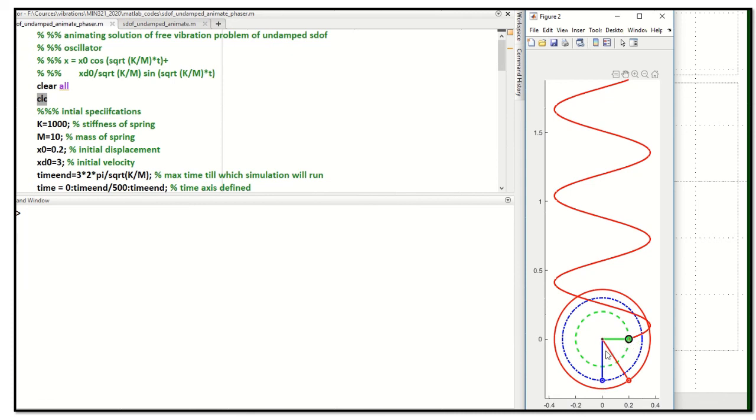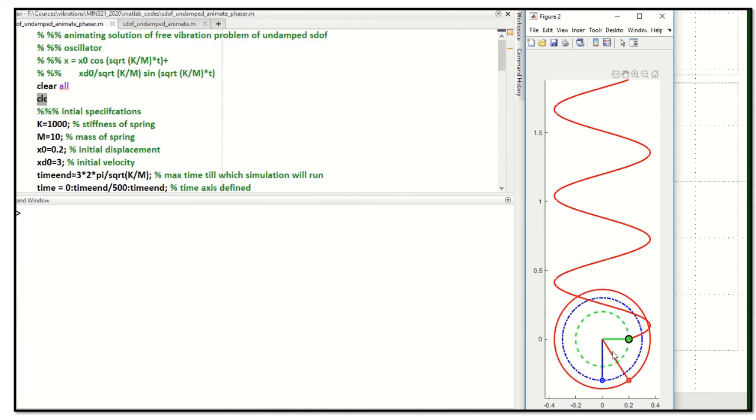By using that, you can find the position vector of the fictitious particle over here, and this is the initial phase. With changing time, this phase advances, and you get to see the motion of the mass accordingly. So this is the phase representation.